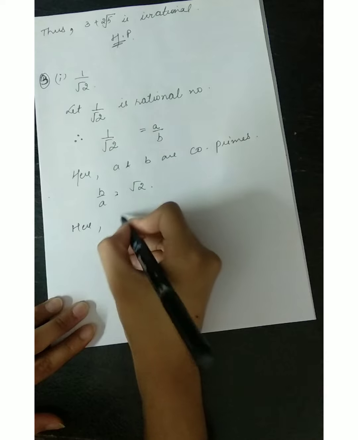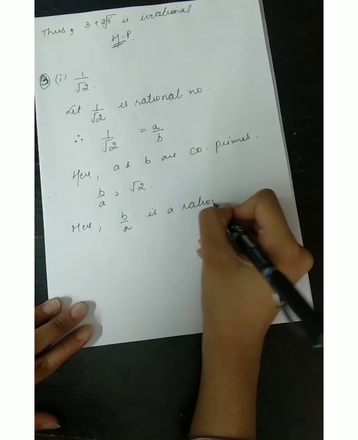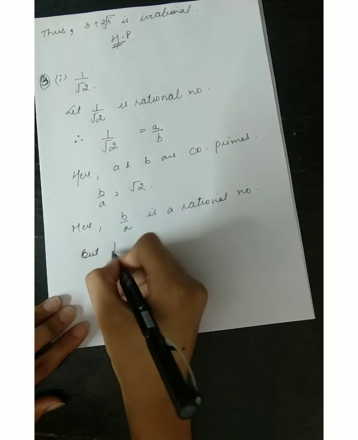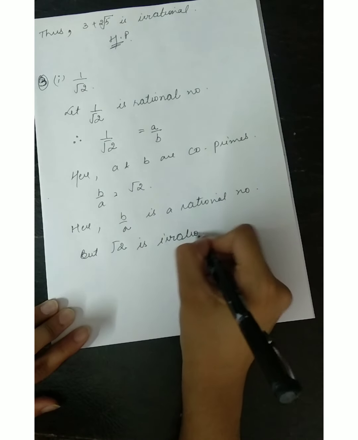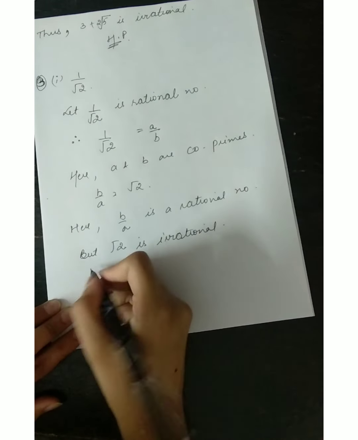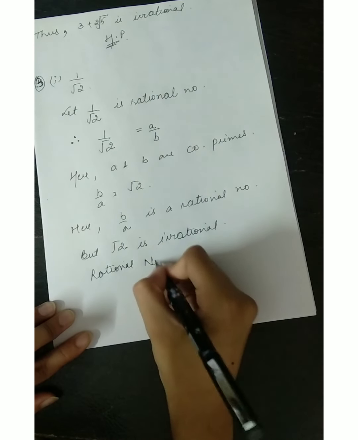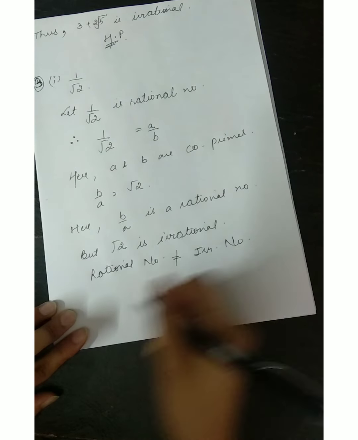Here, b upon a is a rational number, but root 2 is irrational. And we also know that a rational number is not equal to an irrational number.